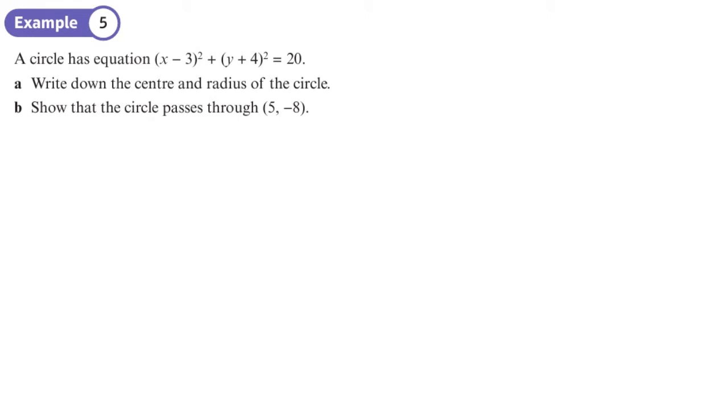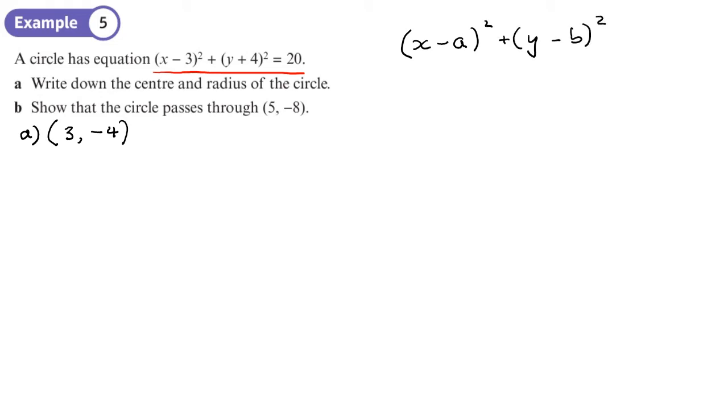So a circle has the equation (x minus 3) all squared plus (y plus 4) all squared equals 20. Part A, write down the center and the radius of the circle. Well, the center is going to be (3, negative 4), because the form is (x minus a) squared plus (y minus b) all squared.